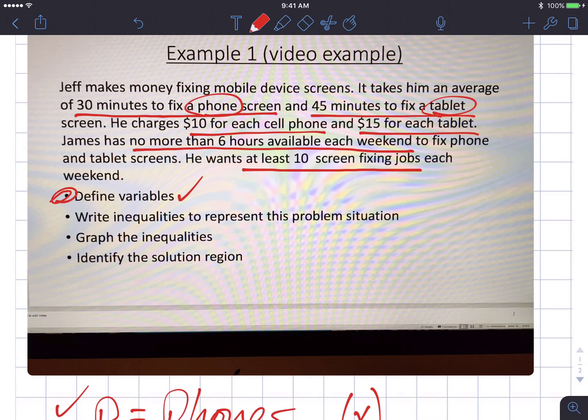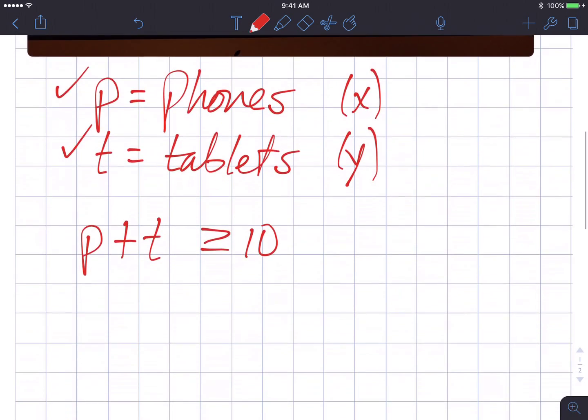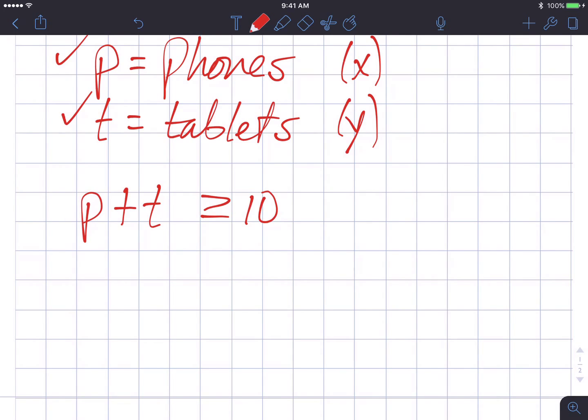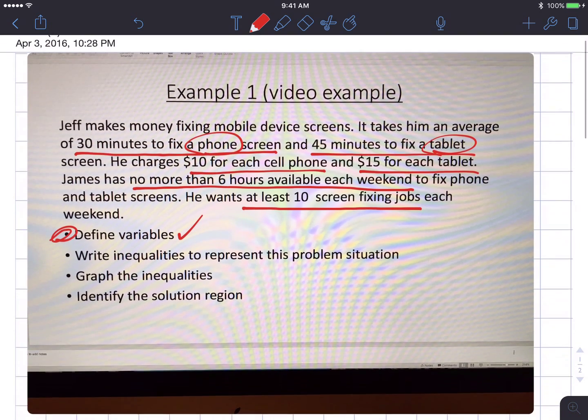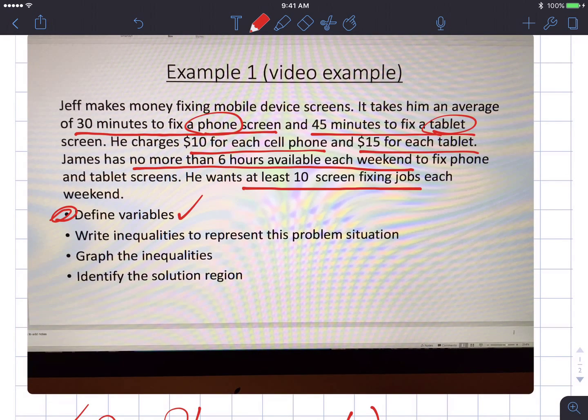And the next one, let's do, it takes him an average of 30 minutes to fix a phone and 45 minutes to fix a tablet. Okay, so let's do 30P plus 45T. 30 minutes to fix a phone screen and 45 minutes to fix a tablet screen.